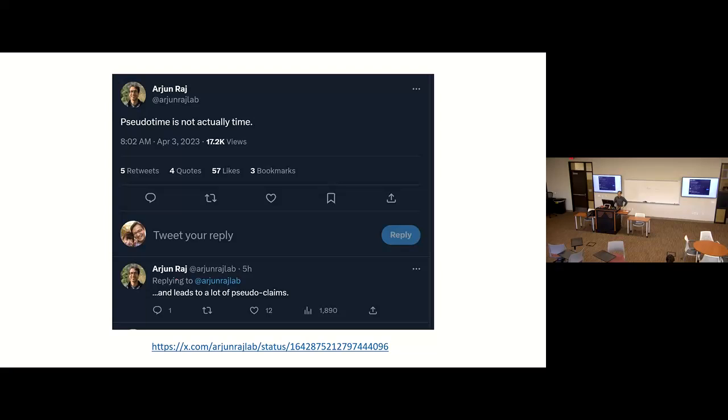Well, the real biologists still emphasize, like in another Twitter citation, the claim that pseudo time is not actually time. So it's just a lot of pseudo claims. If you believe it's strong, believe it.